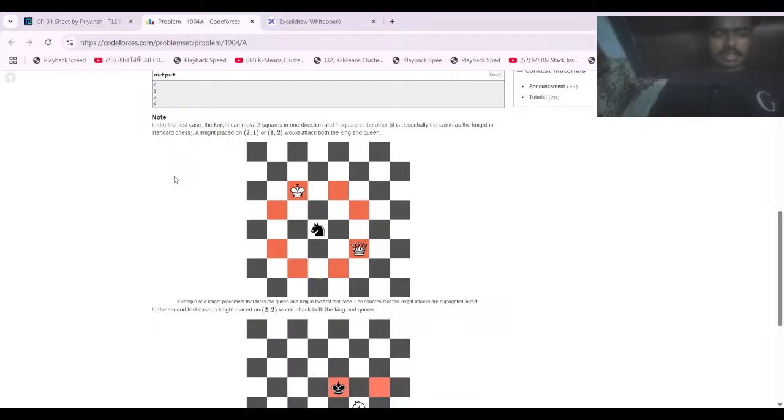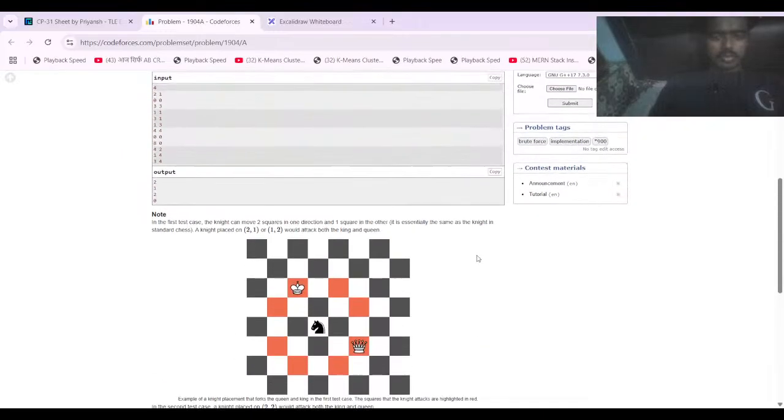So the answer they have given is two, which means that for this test there are only two positions from which the knight can attack both the king and the queen. Similarly, the output shows only one position for this one, only two positions for this one, and zero positions for the last, as in no position is available, where the knight cannot attack the king and the queen together.